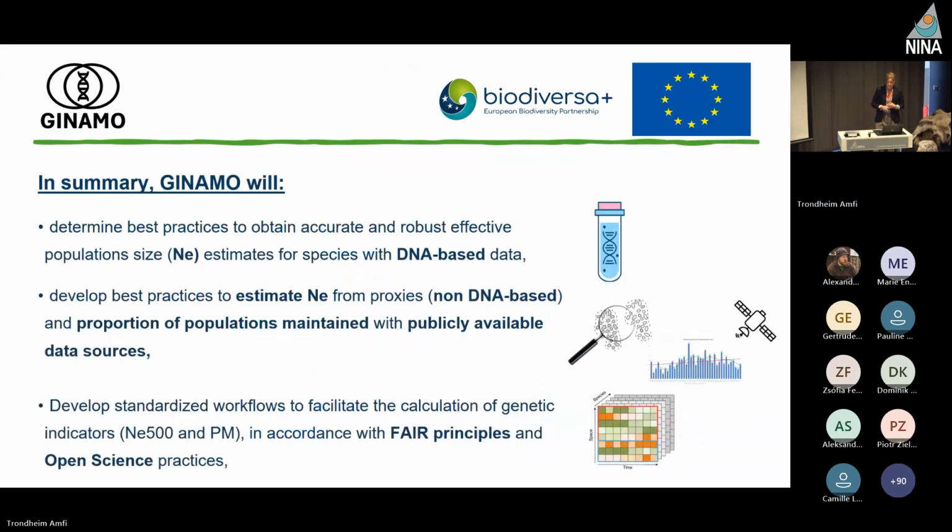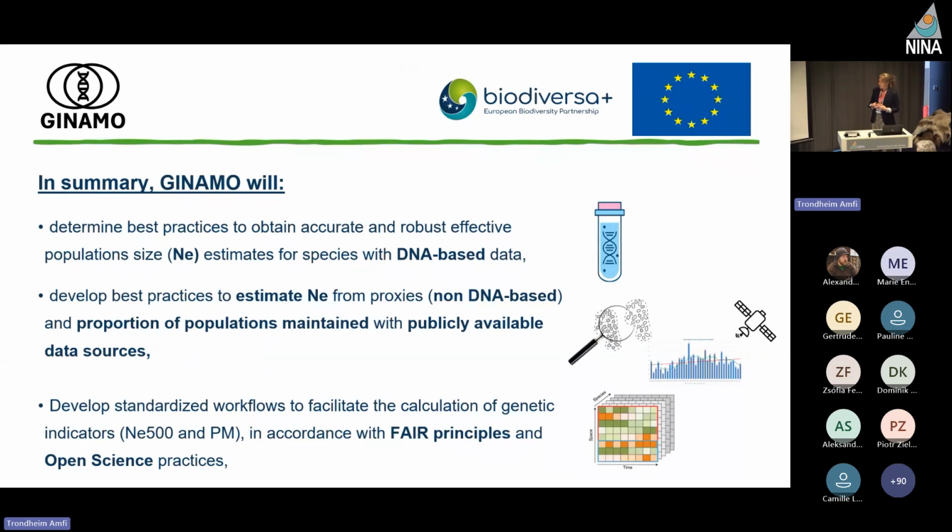And what we will do is that we will both determine best practices to obtain accurate and robust effective population size estimates for species with DNA-based data, but also develop best practices to estimate Ne from proxies, so non-DNA-based data, and proportions of populations maintained with publicly available data sources.